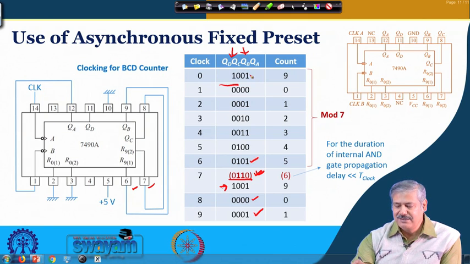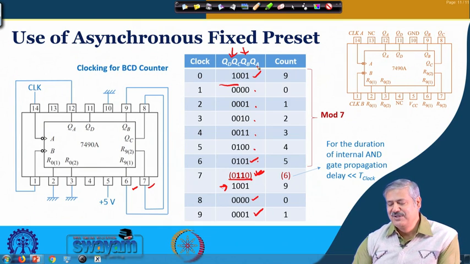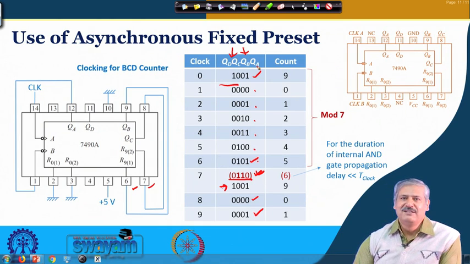So you have 6 unique states, and 1 0 0 1 got added, so 7 unique states. So what is it? It is a mod 7 counter, right. So you can get a mod 7 counter without any additional gate, if you use the fixed preset part of it. Is it fine? Okay. And there can be other uses as well.